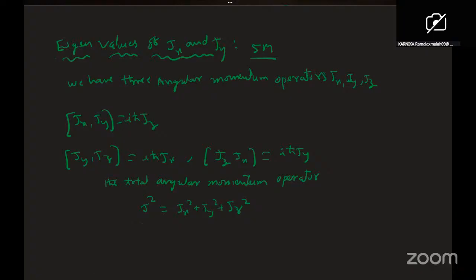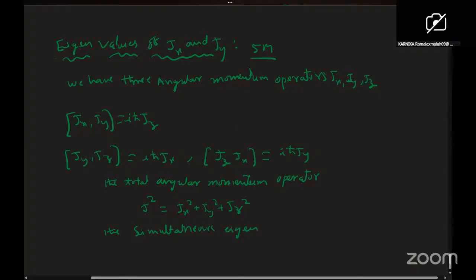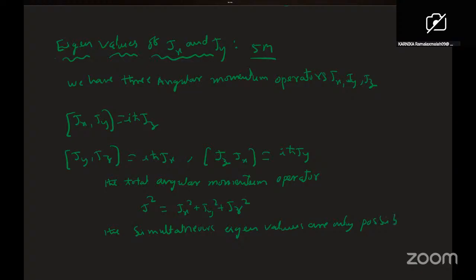The simultaneous eigenvalues are the only possible ones for J square and one component.